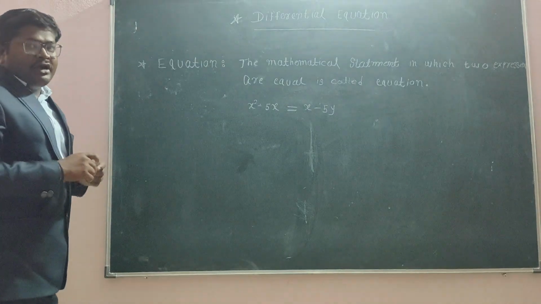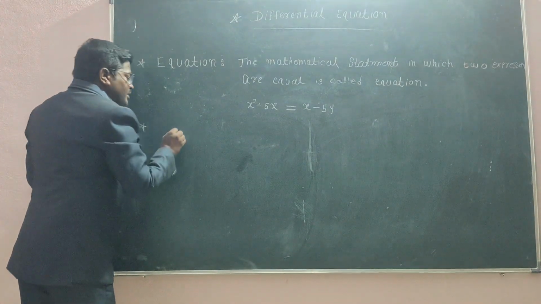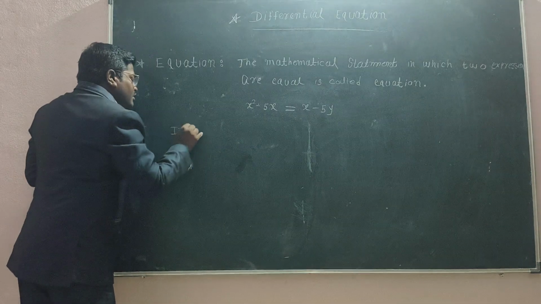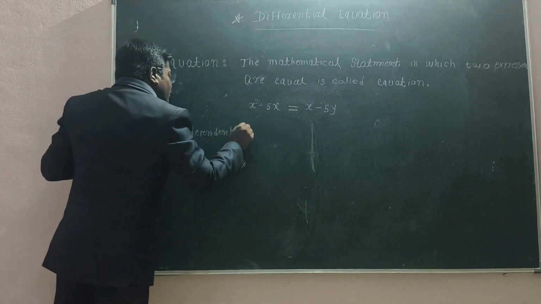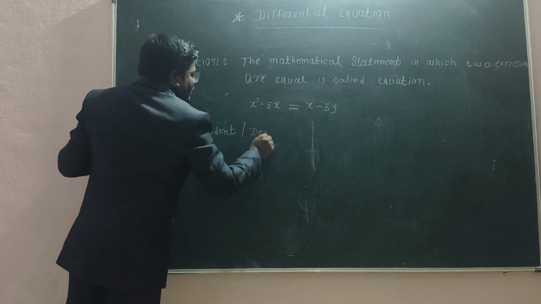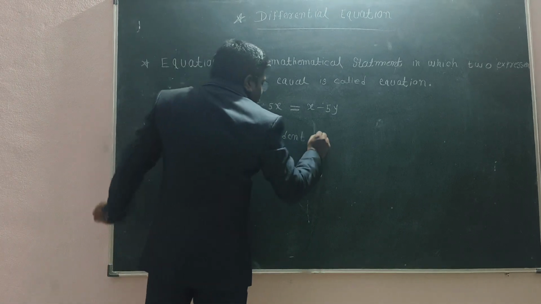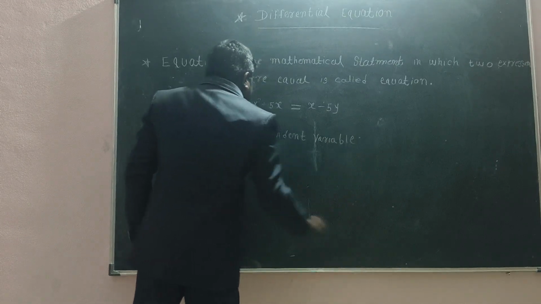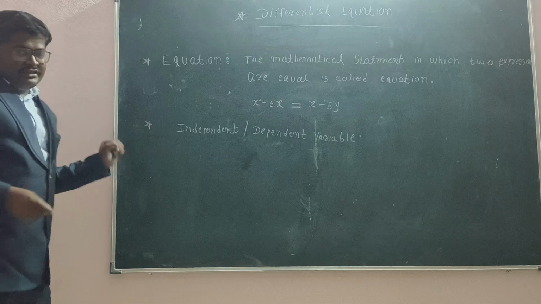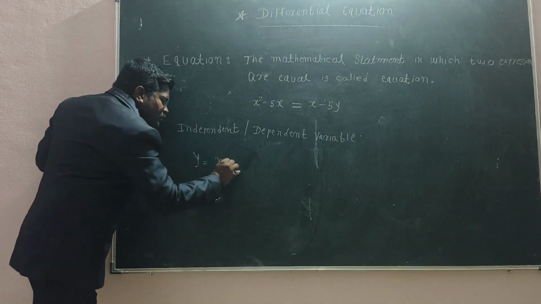Now next, dependent and independent variable. Let us consider one example: y is equal to x plus 2.